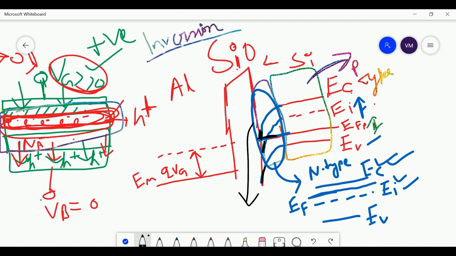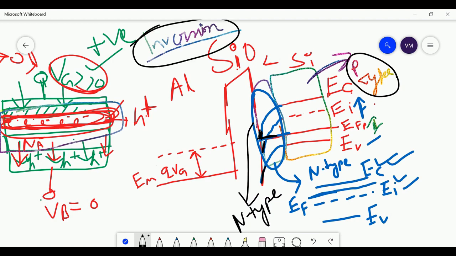So this particular region is behaving like n-type, and the silicon bulk is behaving like p-type. That's why this condition is known as inversion condition.